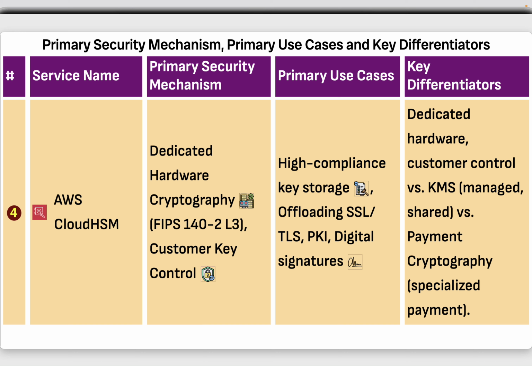Key differentiators are that it's dedicated hardware with customer control, versus KMS, Key Management Service, which is a managed, shared service. So this is not shared and that is shared. The second comparison is with Payment Cryptography Service, which is very highly specialized. FIPS is Federal Information Processing Standards and HSM is Hardware Security Module.